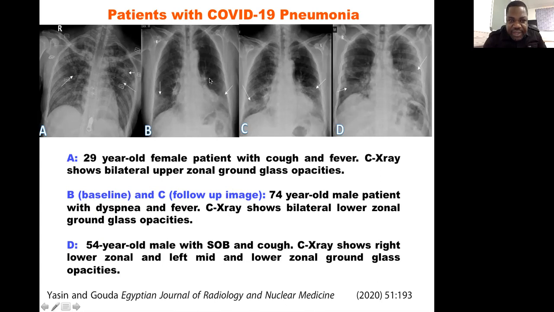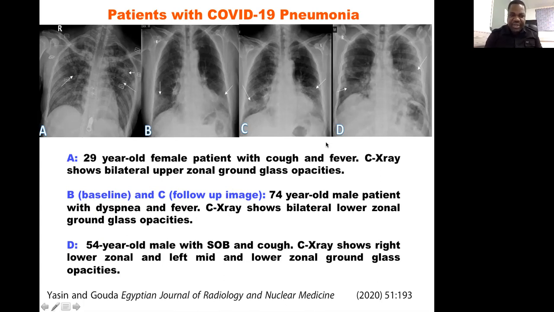You can see a gray area here, a gray area there. The rest of the lung is black, but you see a gray area here and there. And in C it just gets worse during follow-up. You can see that it's increasing. It was lower, then it's progressing toward the mid-zone of the lung.